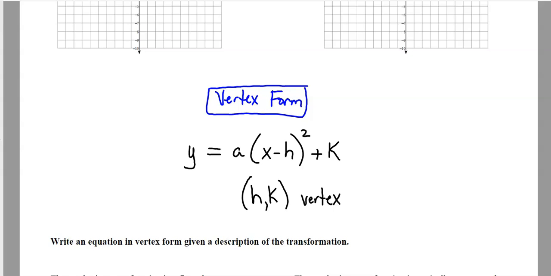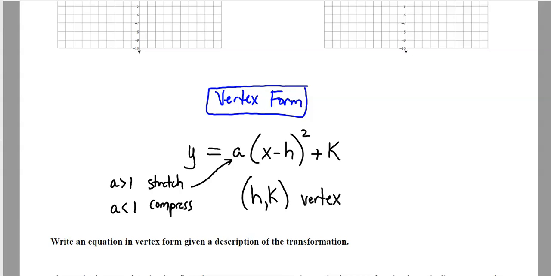And then the a is a scale factor. It's going to tell you whether it's going to stretch or shrink. So a can tell you, is it going to stretch or is it going to compress? You stretch when a is bigger than 1. You compress when a is less than 1.